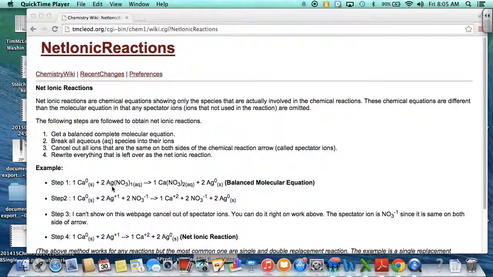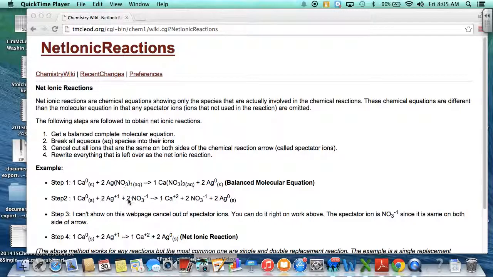Silver is an element. It's a solid. It doesn't change. So you just rewrite it 2Ag0 solid. Now, if you pretend that the arrow is an equal sign, you see that the nitrates haven't changed at all. So you put a line through them, on each side, for any substance that is the same on one side or the other.